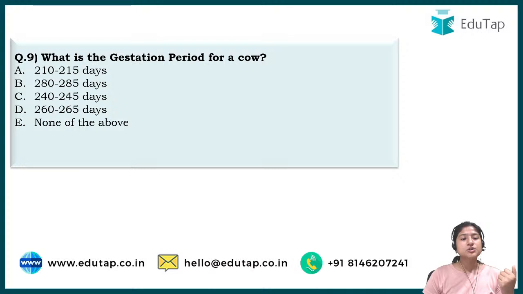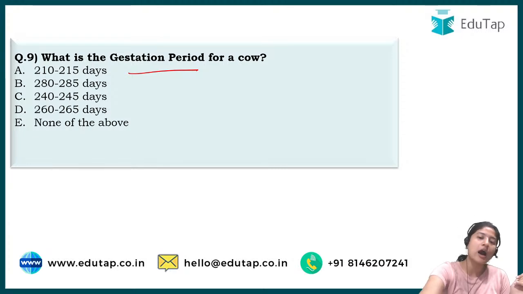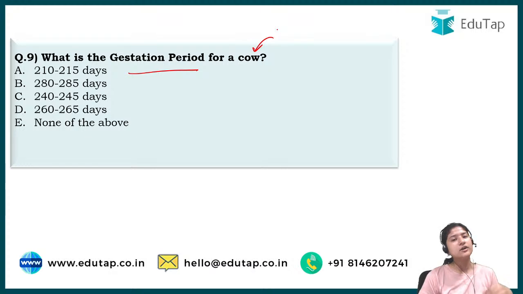Next question, what is the gestation period for a cow? Gestation period is the time when the mother carries the child within herself, and you have to tell me what the gestation period of a cow is. Again a question from animal husbandry. Now you can understand the importance of animal husbandry in NABARD examination, at least for now.